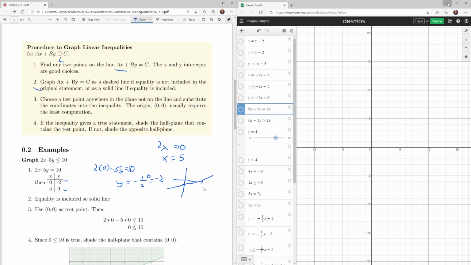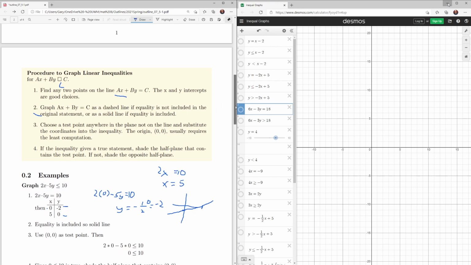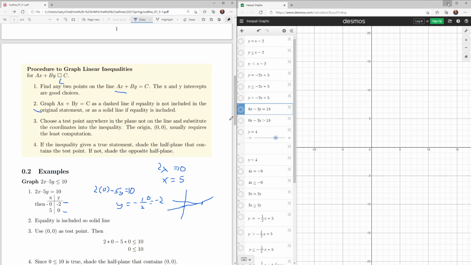Now, the next thing we ask is which side of the inequality we shade in. That's a good question. In this case, we can use the test point 0, 0. So is the origin included in our graph or not?